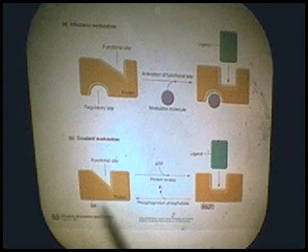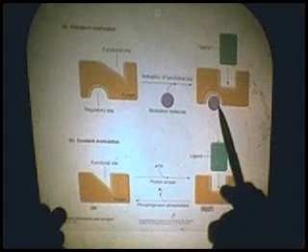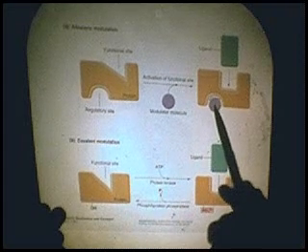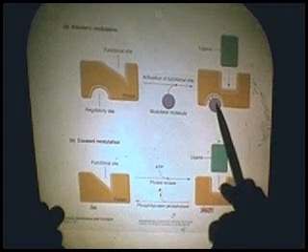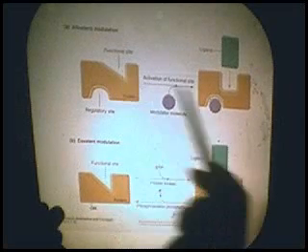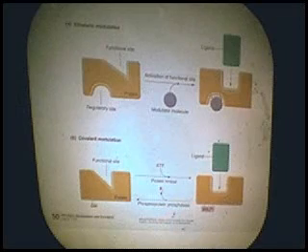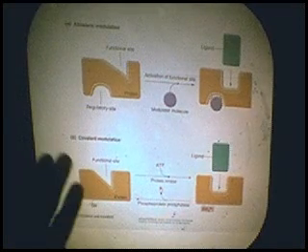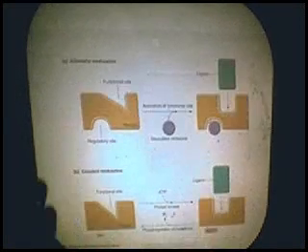This shows what I was just talking about: the allosteric binding of the protein somewhere other than the functional site will actually change the activity of the functional site. I'm going to come back to this one. So I will put this one by, and I want to tell you about something else.